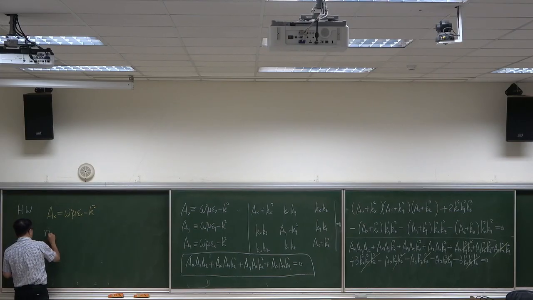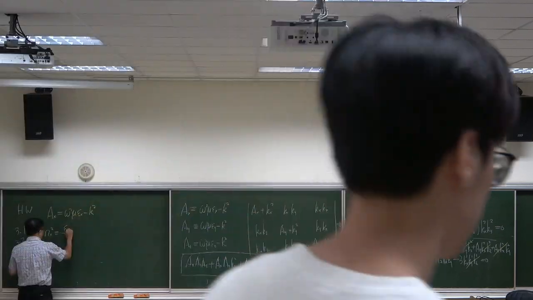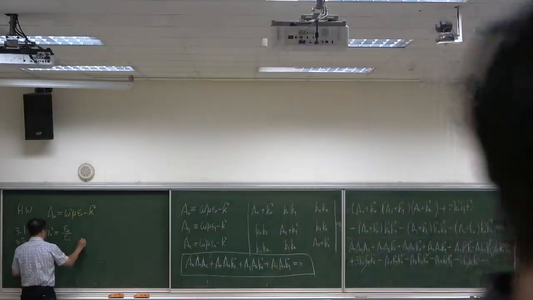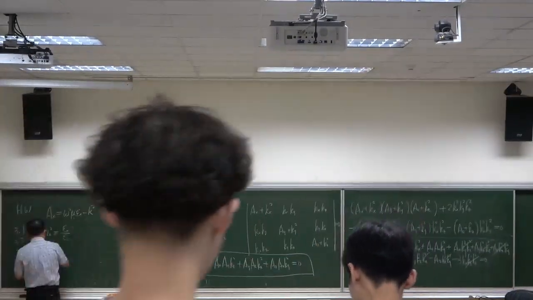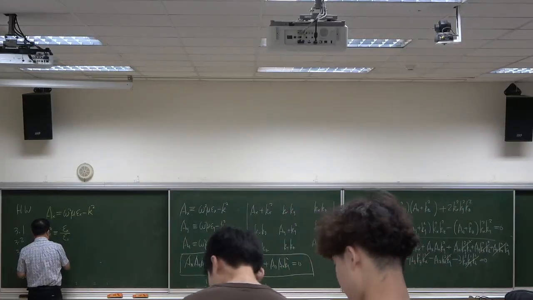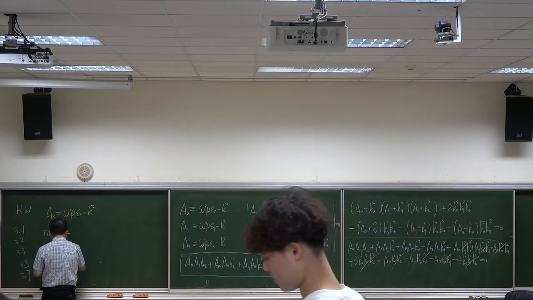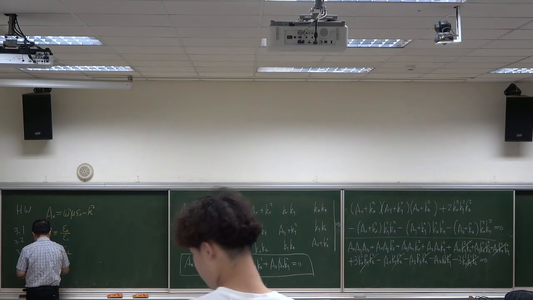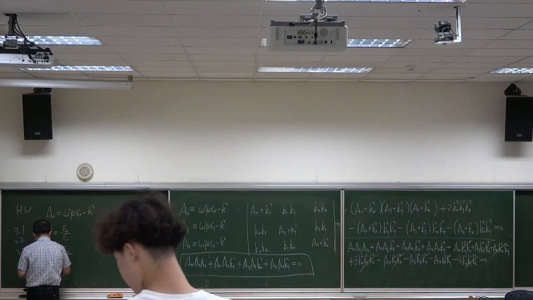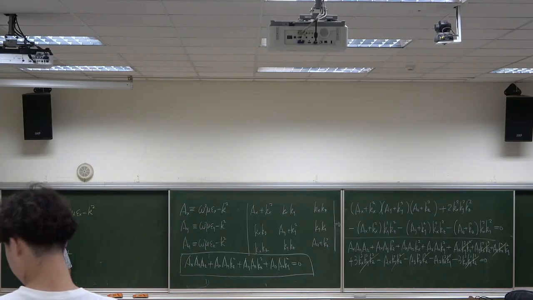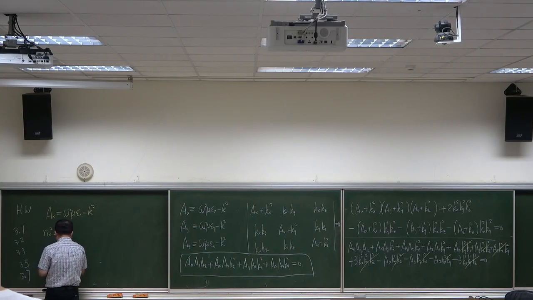We define nx squared as epsilon x over epsilon naught, ny squared as epsilon y over epsilon naught, and nz squared as epsilon z over epsilon naught.